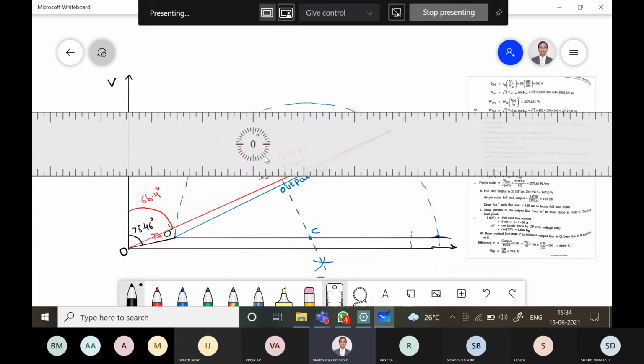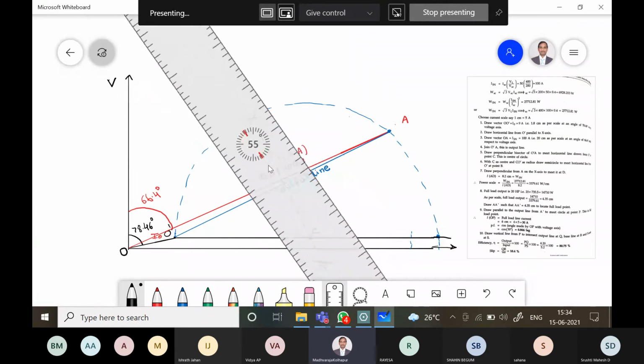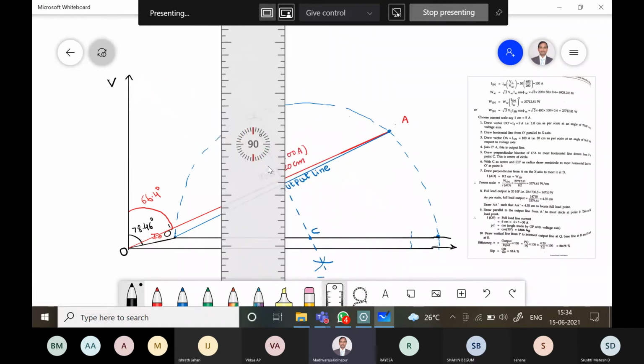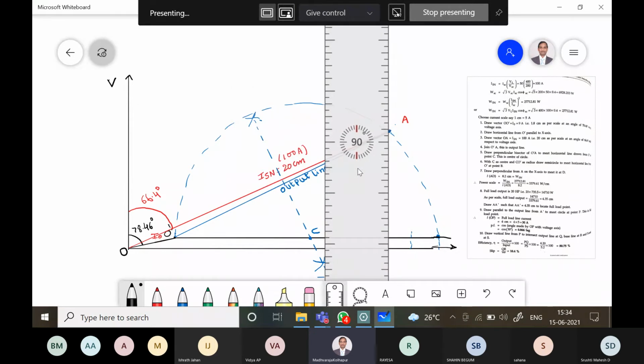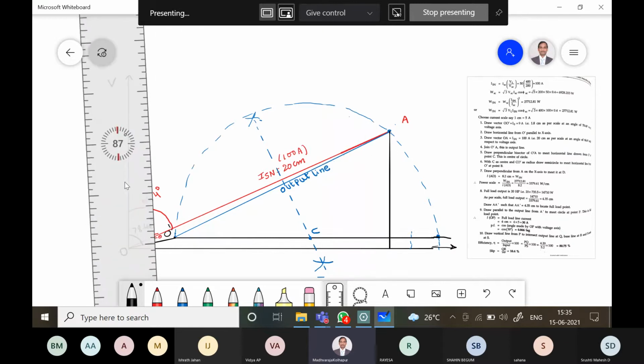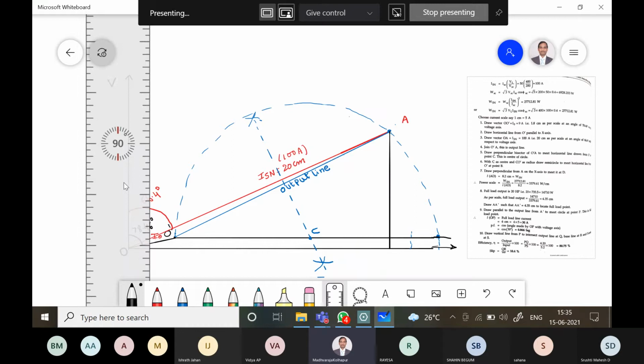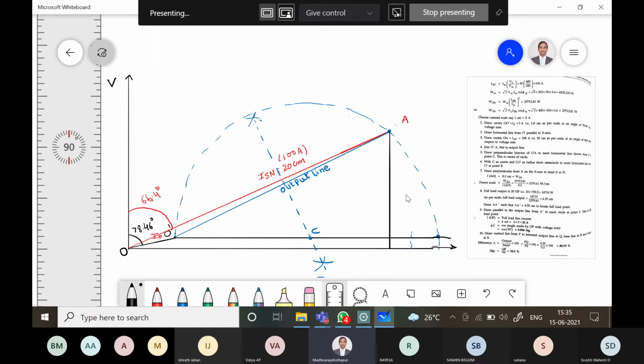So take a scale and draw a perpendicular line from point A. This point, where it touches the horizontal line, is called D point, and where it also touches this line is called F point.